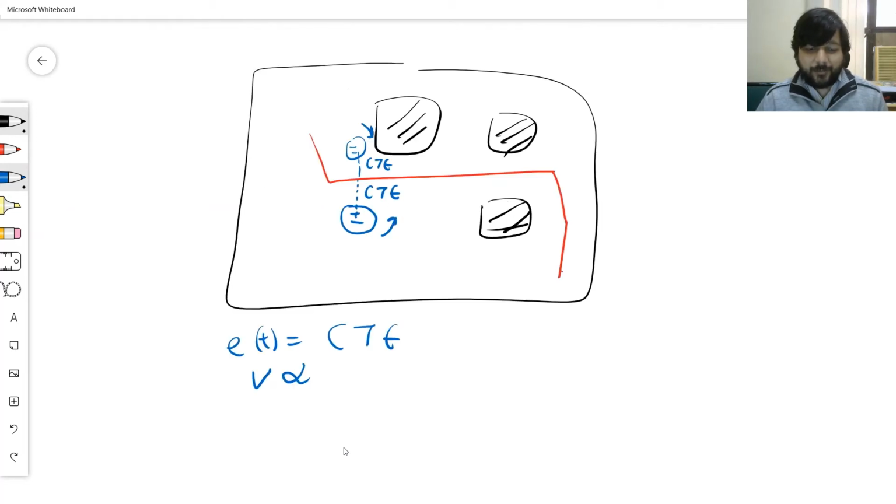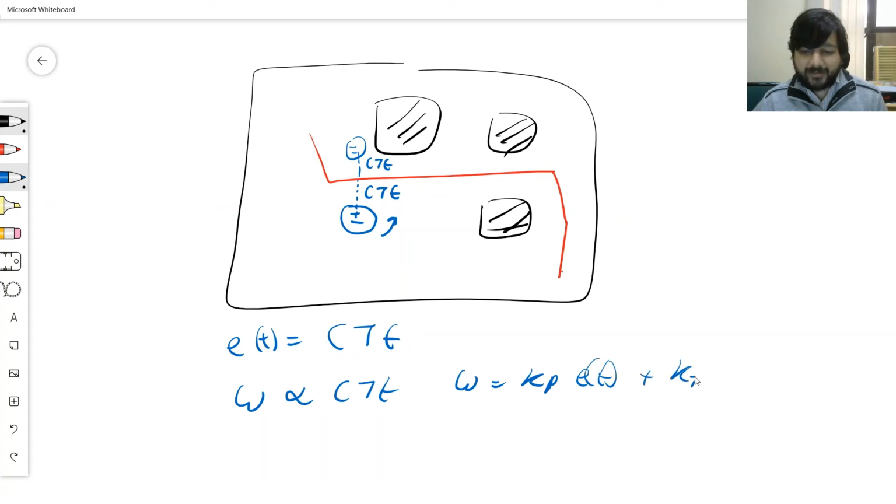So the angular speed is proportional to the cross-track error, or you can also add I and D.